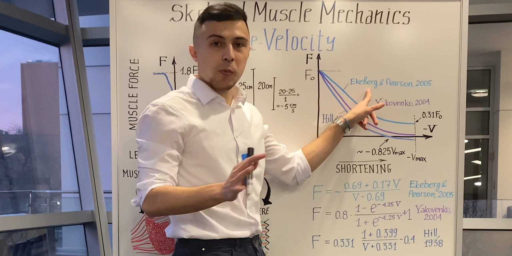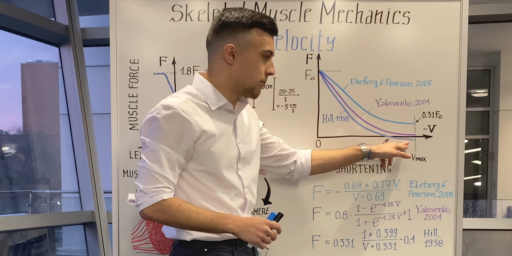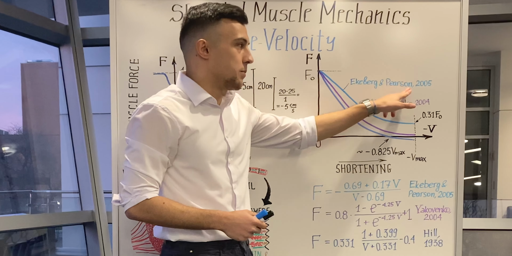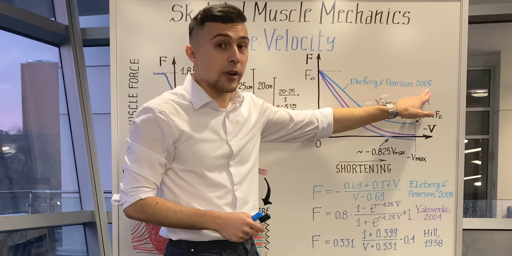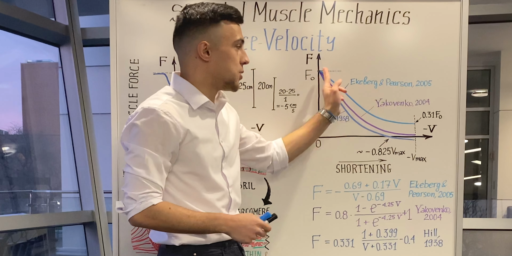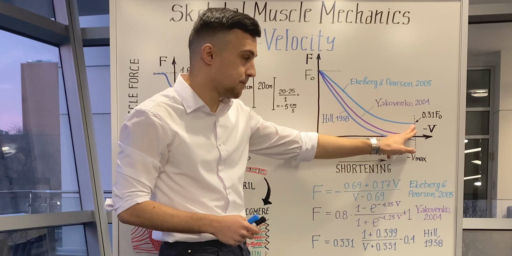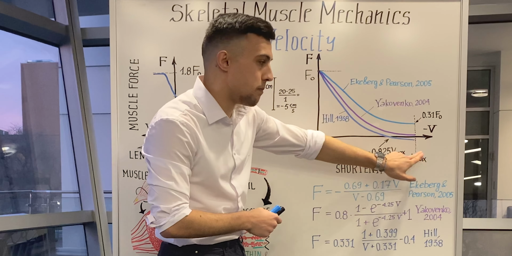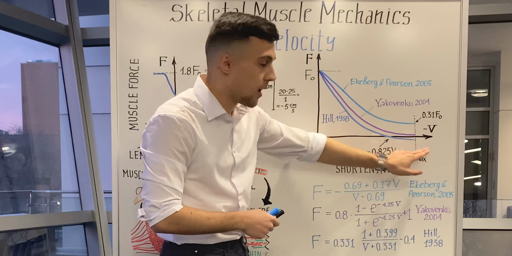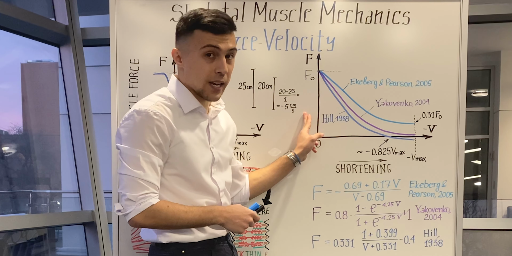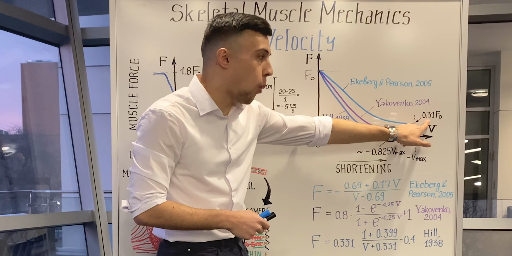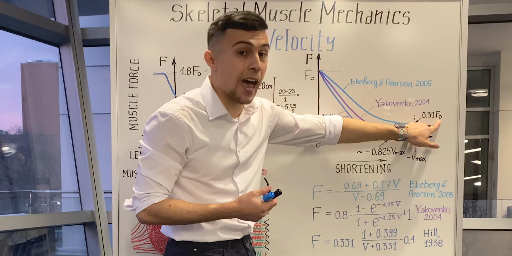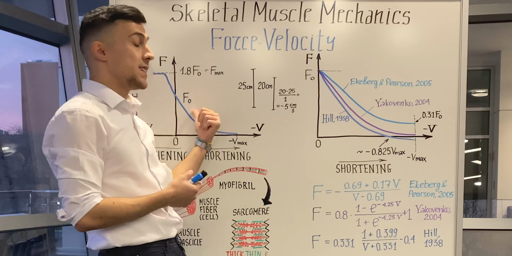Now, another group of people also decided to overcome this issue because it's kind of apparent. And Eggenberg and Pearson published another paper in 2005 where they described curves that look like this. What's the problem with this curve? You see how at the maximal velocity, the force that is generated is about 0.3 of the isometric force value, so this F naught we discussed on this axis here.